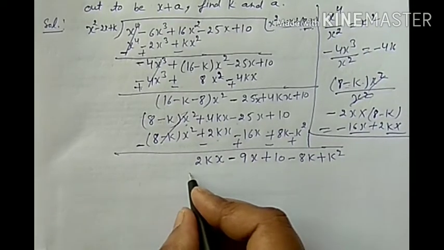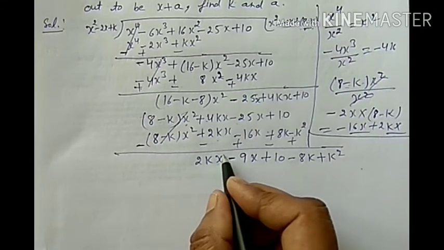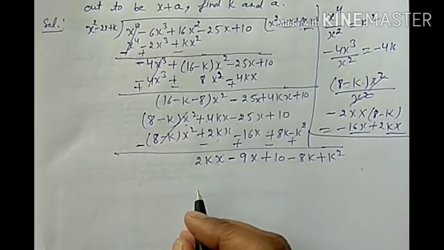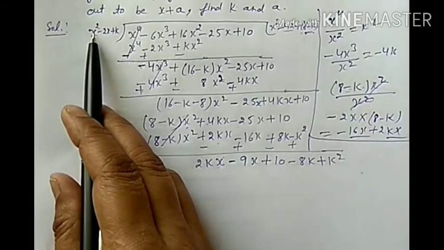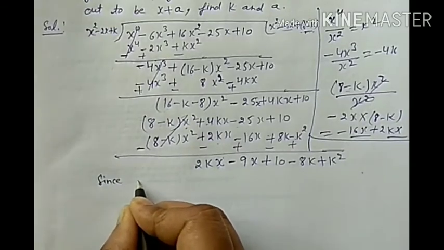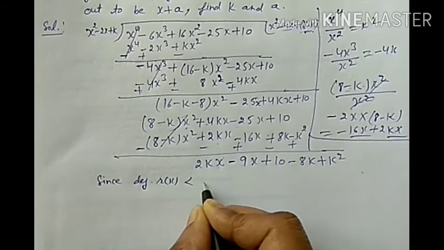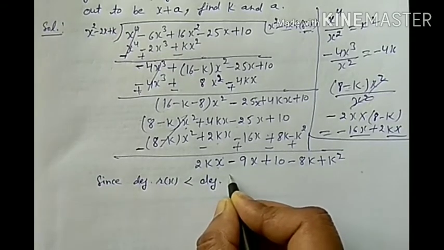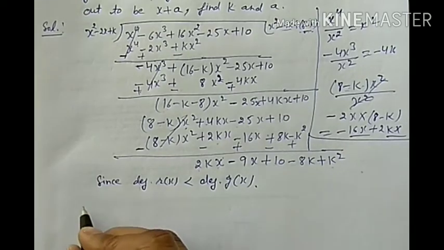Now it is our remainder because here the power of the variable is 1 and in the divisor the power of the variable is 2. So since the degree of Rx is less than the degree of Gx, it is our remainder.